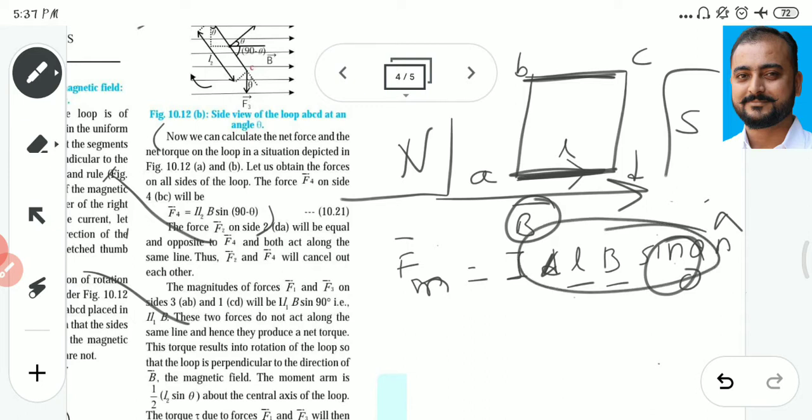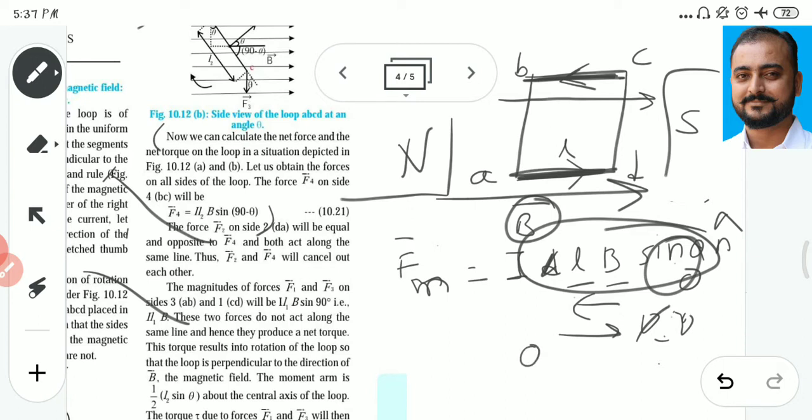In the case of anti-parallel also, the direction of the magnetic field and the length of the conductor are anti-parallel to each other. As they are anti-parallel, they have an angle of 180 degrees, and sine 180 degrees again has a value of 0.